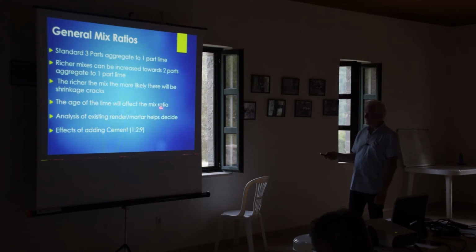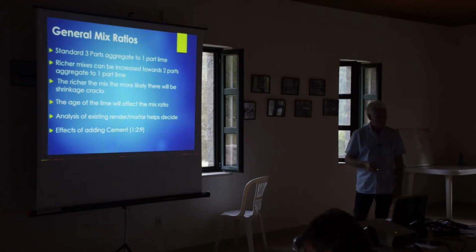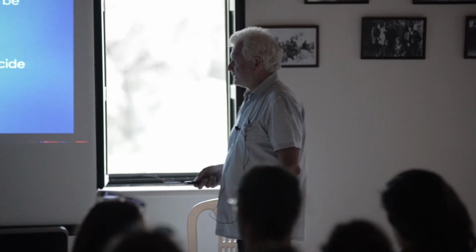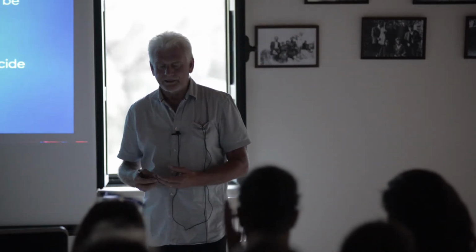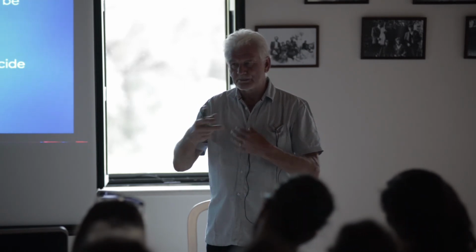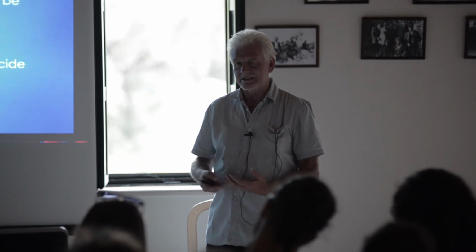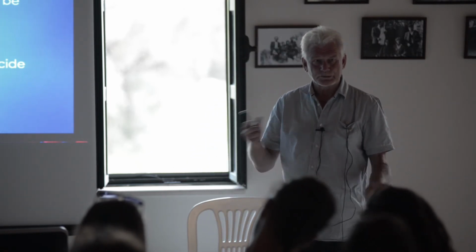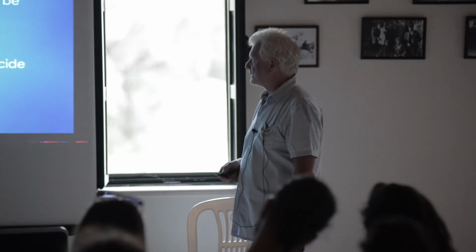The age of the lime will definitely affect the mix ratio. I think you can only judge that when you're making it, by being used to the mixing process and being able to see a lime putty and know whether it's a good one, a bad one, too much water in it, or whatever.